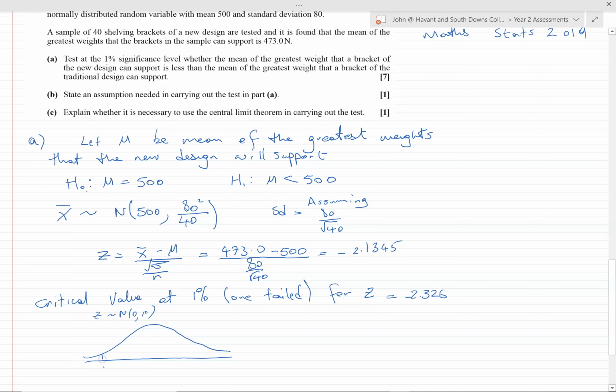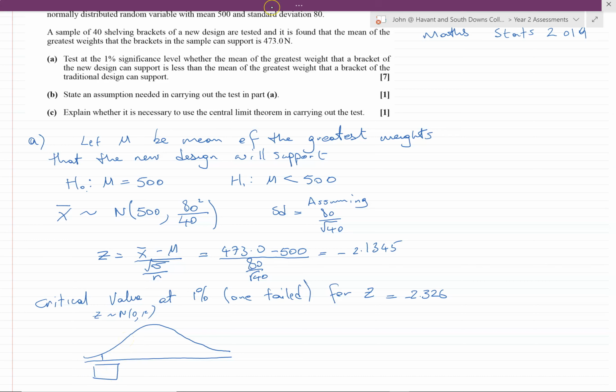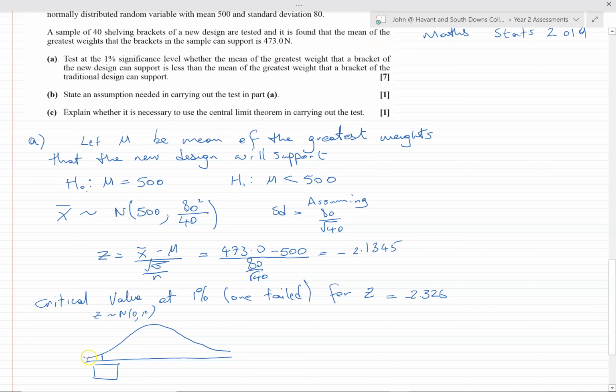We want to find the actual Z value that leads to a 1% probability. So we're comparing with the Z distribution and using that as our test statistic.